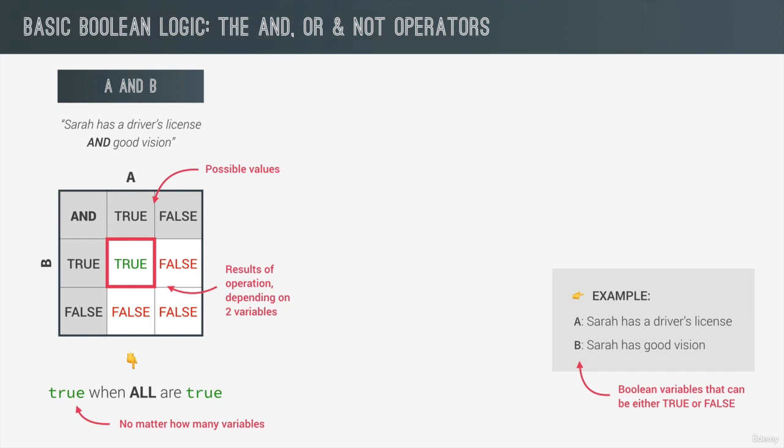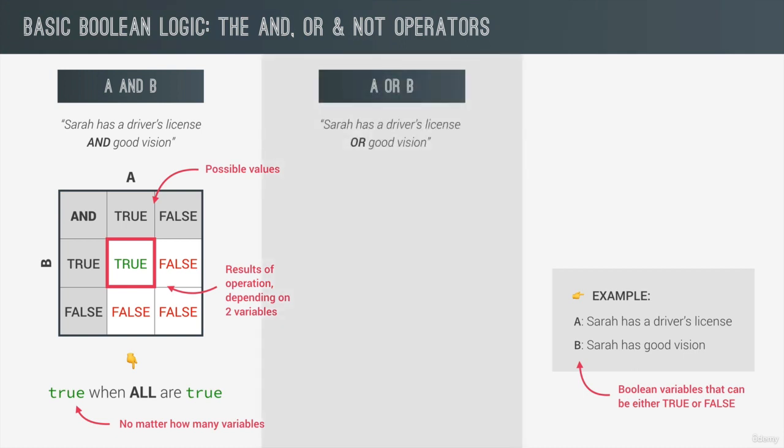Now, moving on, on the other hand, we also have the OR operator, which kind of works in the opposite way. So with our current example, we could use the OR operator to determine whether Sarah has a driver's license or good vision. And just by thinking about this, we can already intuitively imagine that the OR operator will be true if just one of the variables is true.